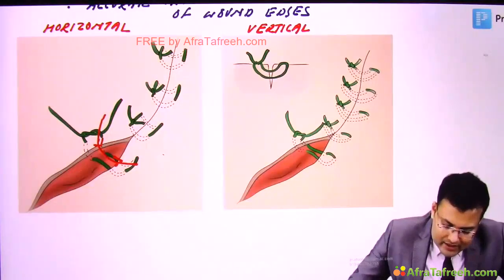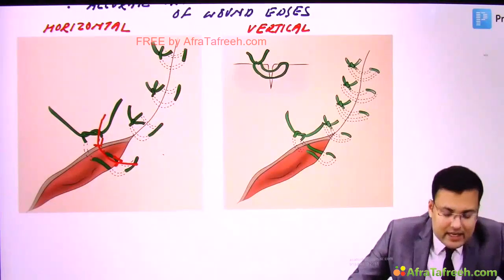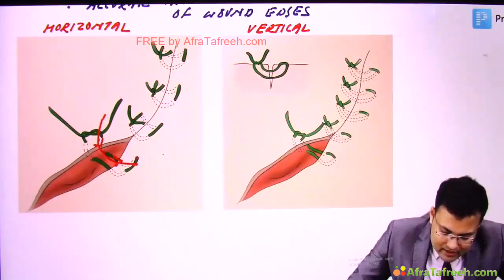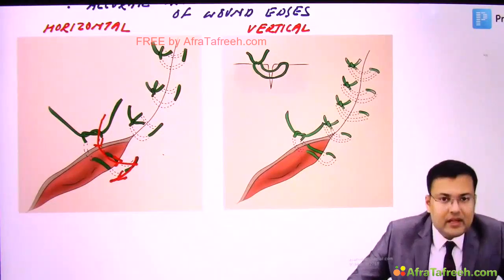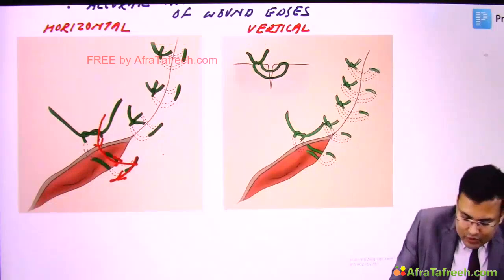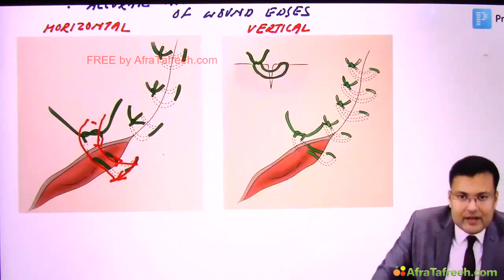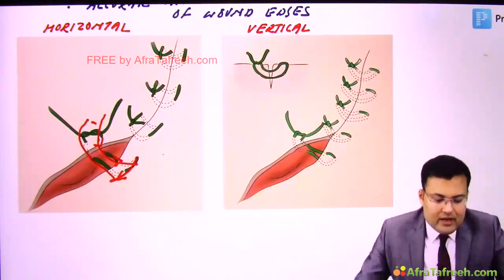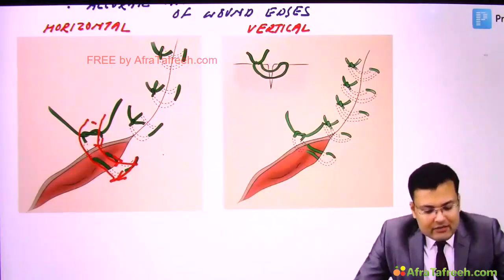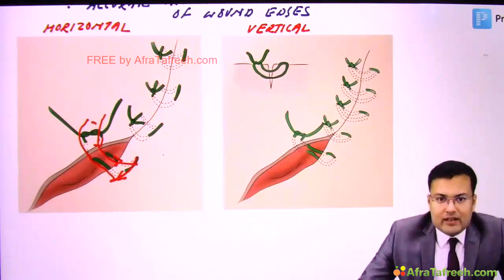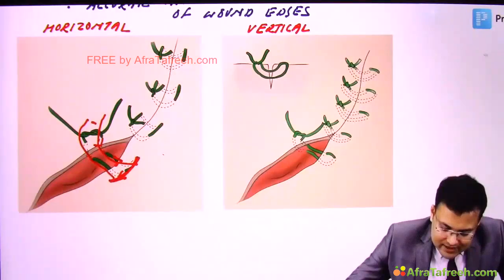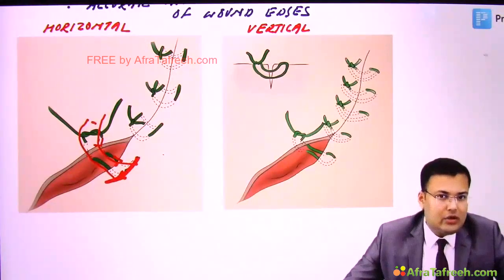Now when it is taken out, the needle moves horizontally and again pierces the wound edges, and then knots are tied. So here the needle moves horizontally and traverses both edges of the wound again. Since it is traversing horizontally, this is horizontal mattress.